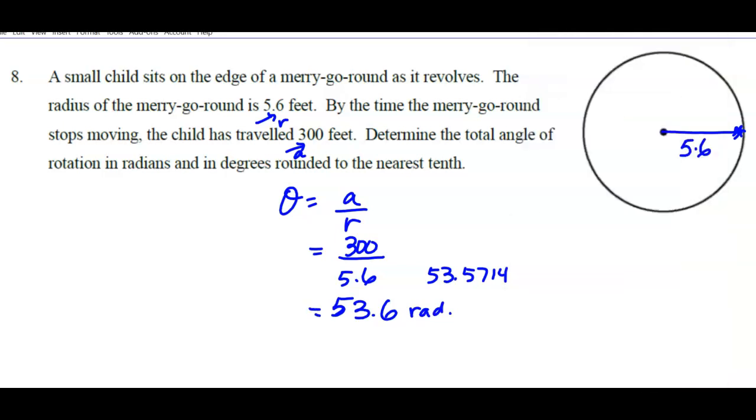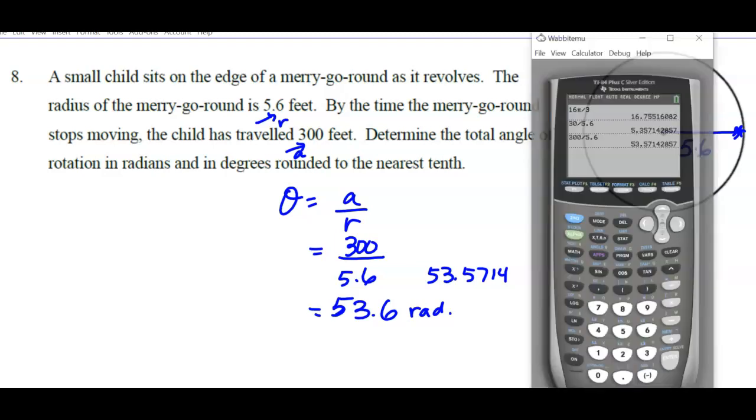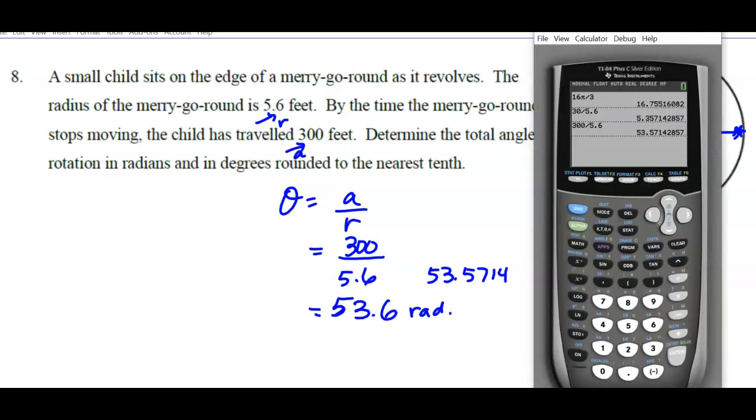So total angle of rotation in radians, rounded to the nearest tenth. In degrees, don't use the rounded value. So that's still in your calculator with a bunch of decimal places. Converting that to degrees, remember that's radians, so we want to multiply by 180, divide by pi.